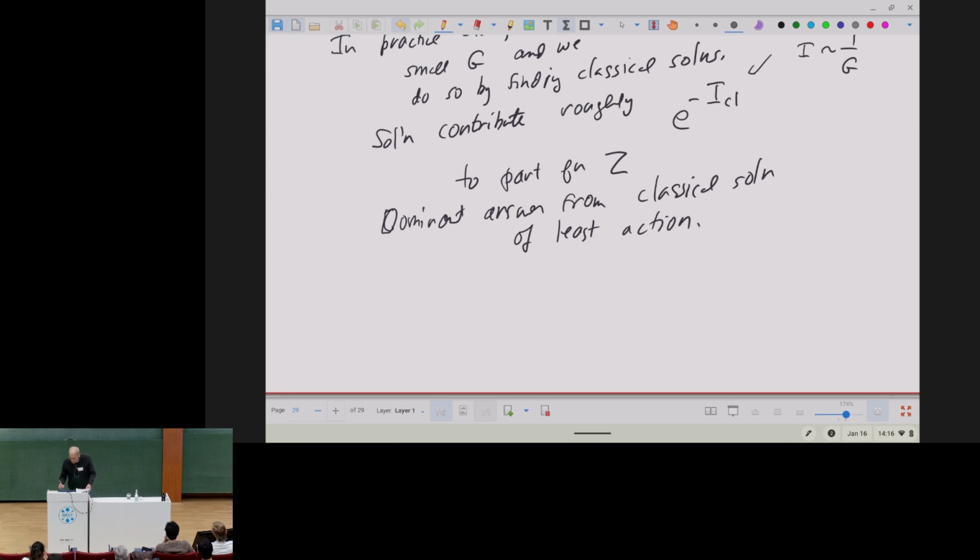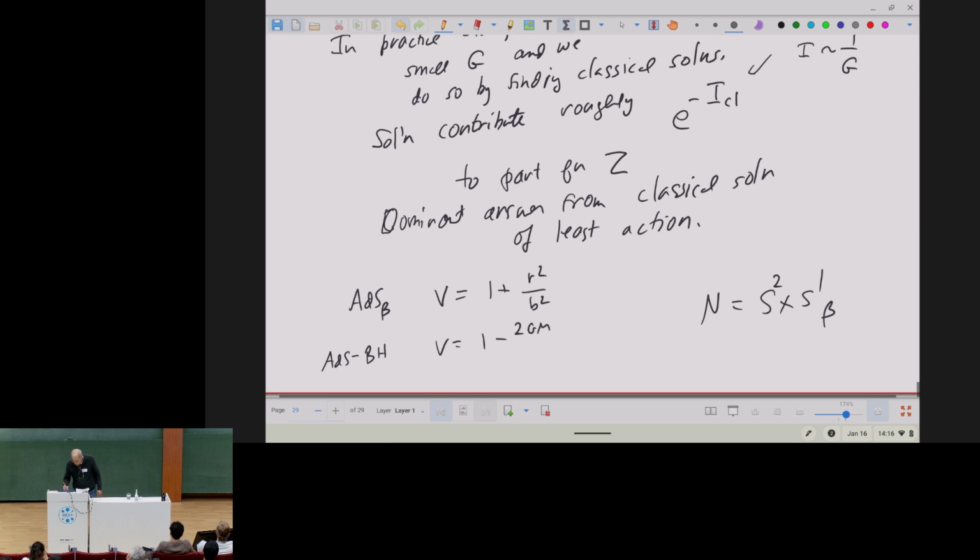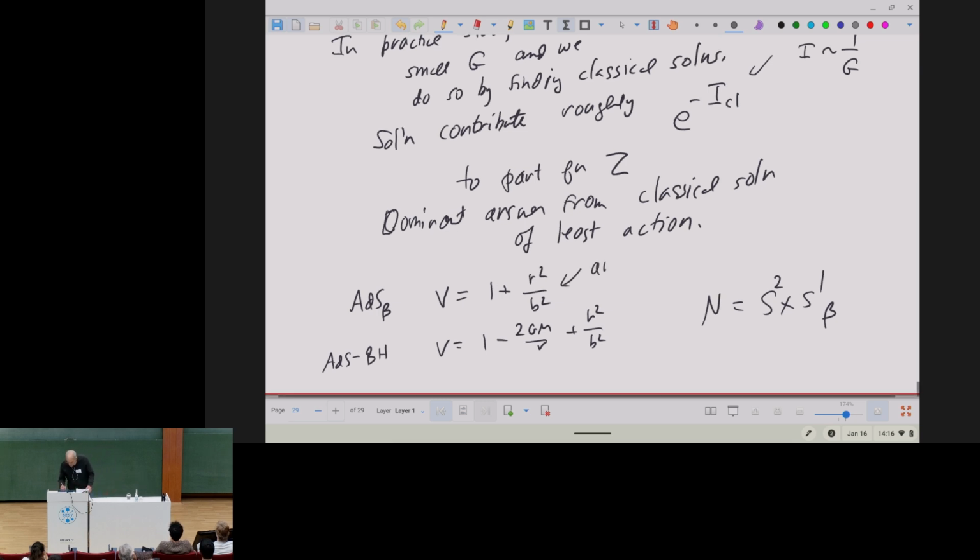So in this particular setup where N is S2 times S1 beta, before the break we discussed the two classical solutions. One of them I called AdS beta. It corresponded to V being 1 plus R squared over B squared. And then there was the AdS black hole. V was 1 minus 2gm over R plus R squared over B squared. The first one allows any beta, so no matter what beta was, it's a possible classical solution with those boundary conditions.